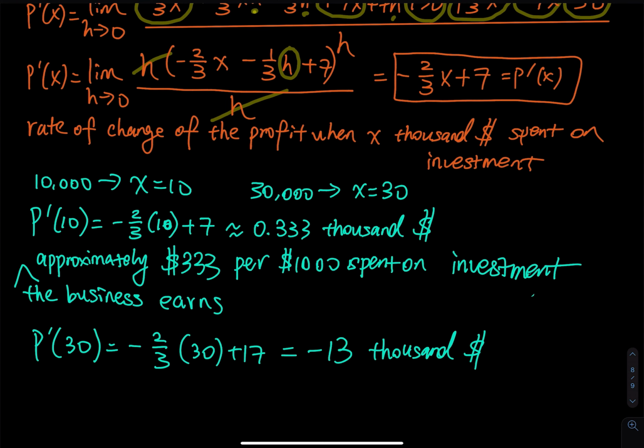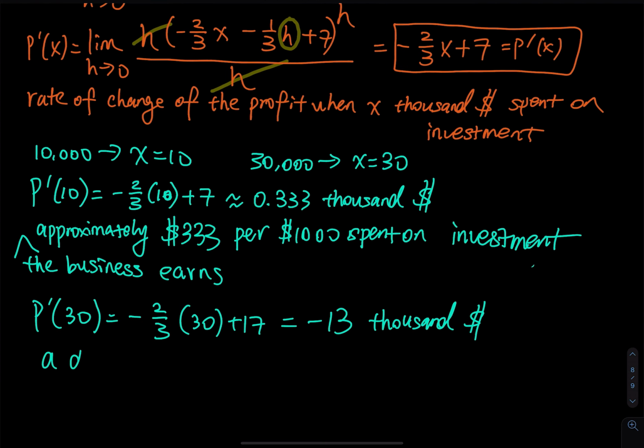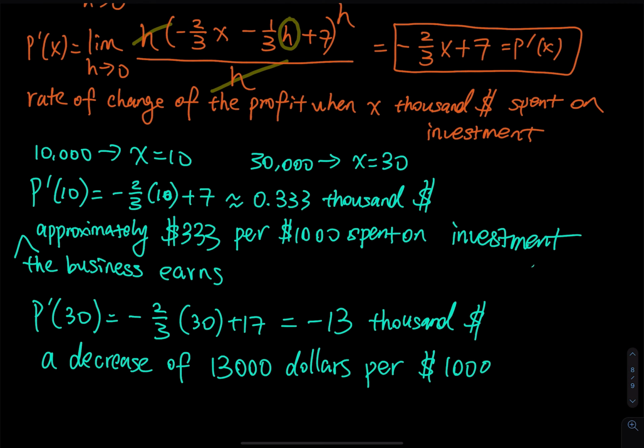That means a decrease of $13,000 per $1,000 spent on investment. That's how you explain the answer.